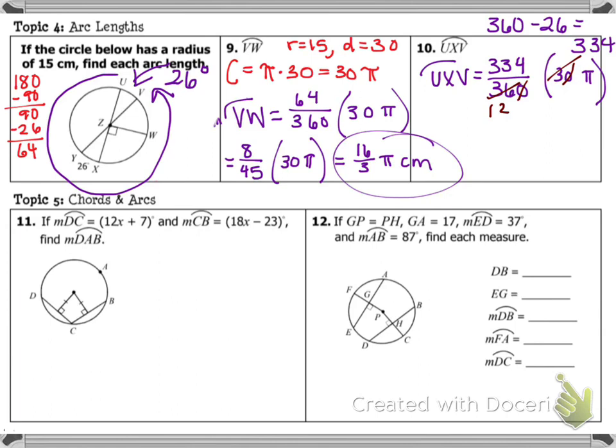So 334 divided by 12, as a fraction, is 27 and 5/6. So UXV is 167/6 pi centimeters. Good.